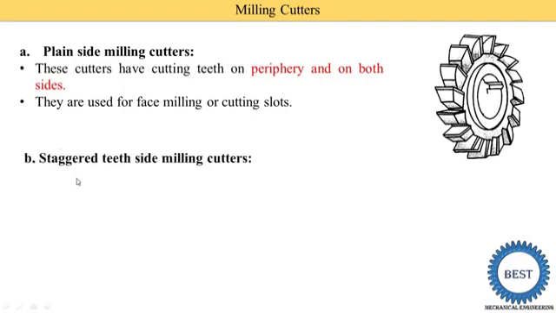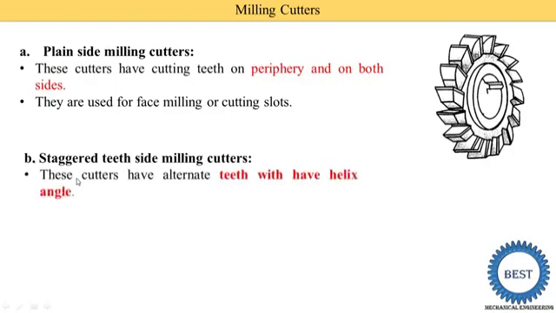Another type is the stagger teeth side milling cutter. Now what is the meaning of stagger? These cutters have alternate teeth with helix angles.